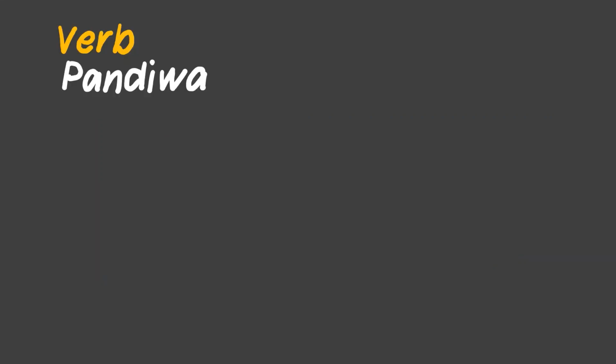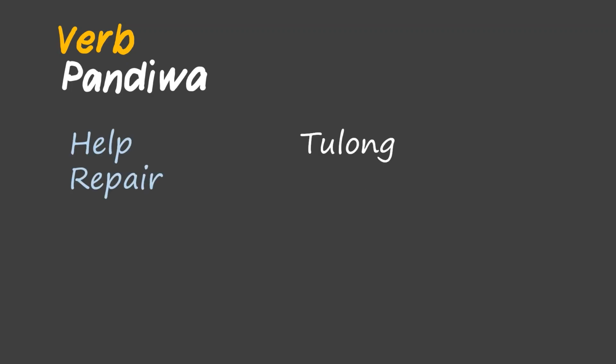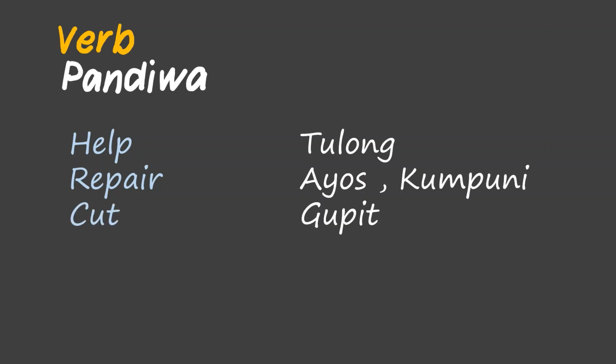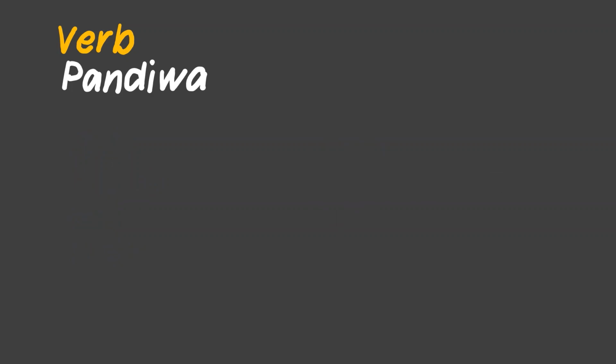Here are the verbs or pandiwa in the root form that we have used in this lesson. Help, tulong. Repair, ayos or kumpuni. Cut, gupit. Make, gawa. Now here are some root words for verbs or pandiwa about actions that you might ask other people to do for you.